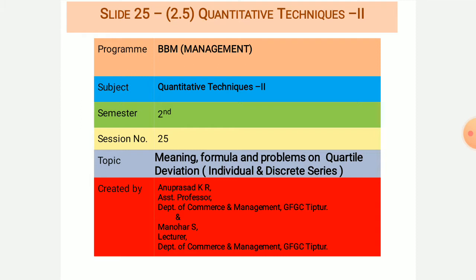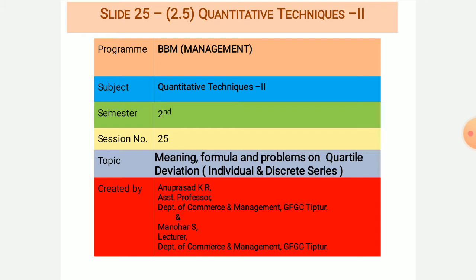So the interquartile range is the difference of the upper quartile and the lower quartile. Therefore, interquartile range is equal to Q3 minus Q1. Then come to the meaning of quartile deviation.